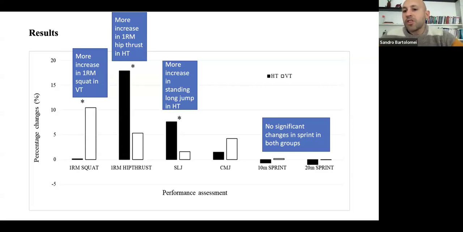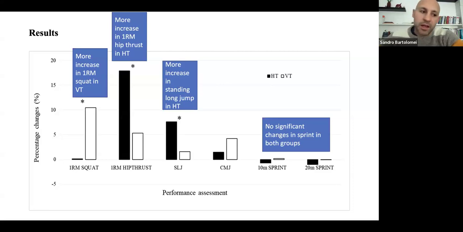What the literature suggests is that horizontally loaded exercises are better to improve the first phase of acceleration in sprint. Because in that phase, typically, the force is produced horizontally because you need to accelerate.